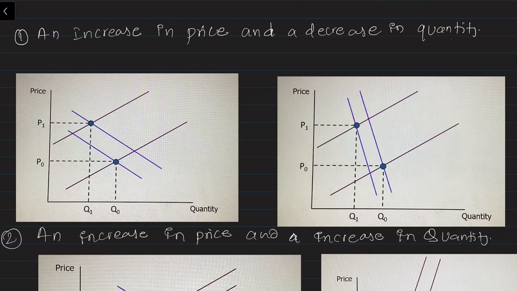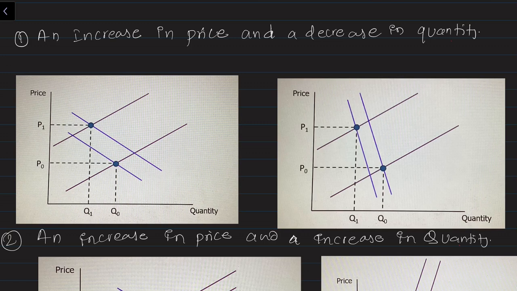Okay, so now let's consider a situation when there is an increase in price and a decrease in quantity. I have two graphs here. In both of these graphs, you can notice that the quantity has decreased from Q0 to Q1 and price has increased from P0 to P1.